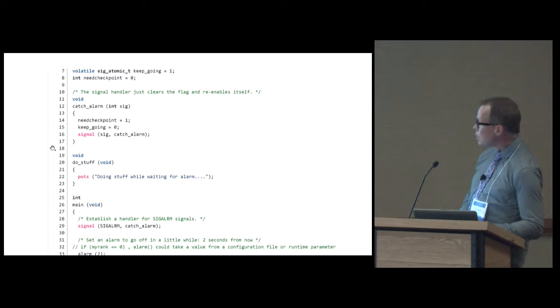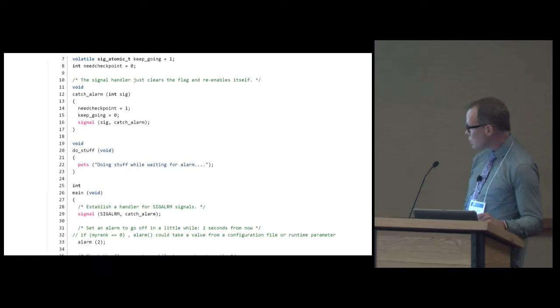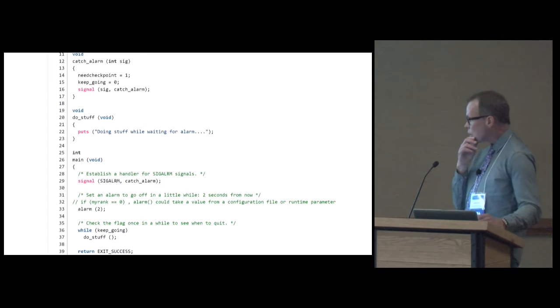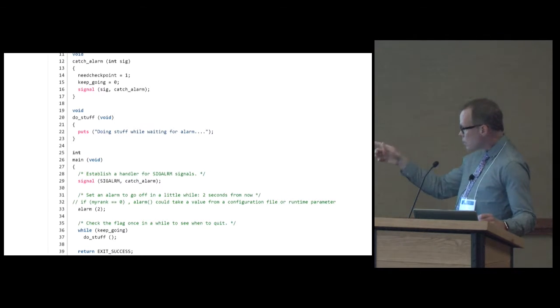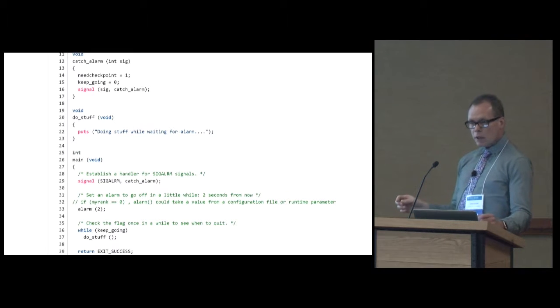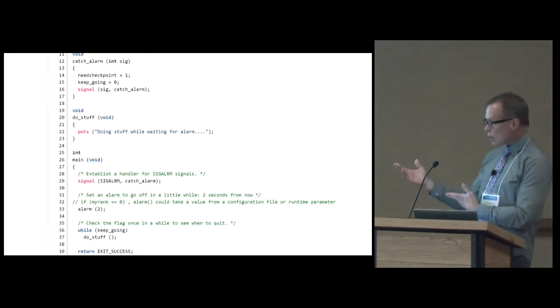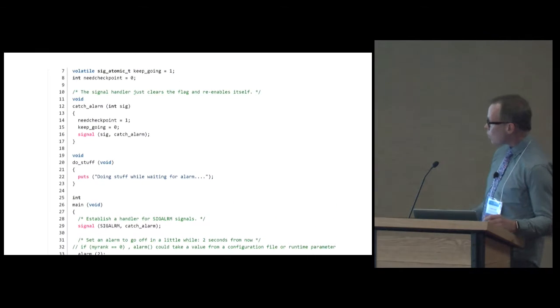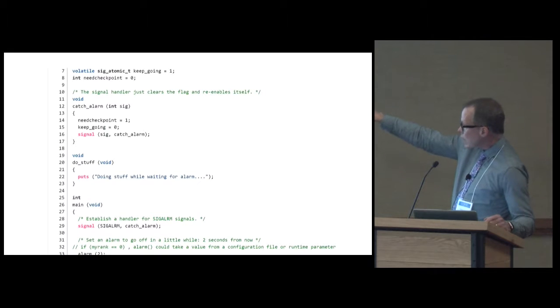So you'd set an alarm. In this example, in main, alarm(2) means 2 seconds hence. So alarm(2) will just return, but then in 2 seconds, an alarm signal will be sent to this application. And then the alarm signal handler will catch that.